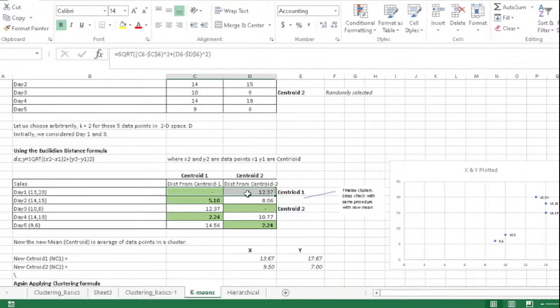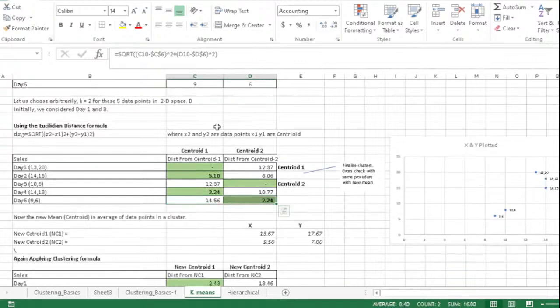So between these two, 0 is smallest. Between these two, 5.1 is smallest. Between these two, again 0. Fourth, 2.24. And fifth, 2.24. Right? So I've just highlighted them.